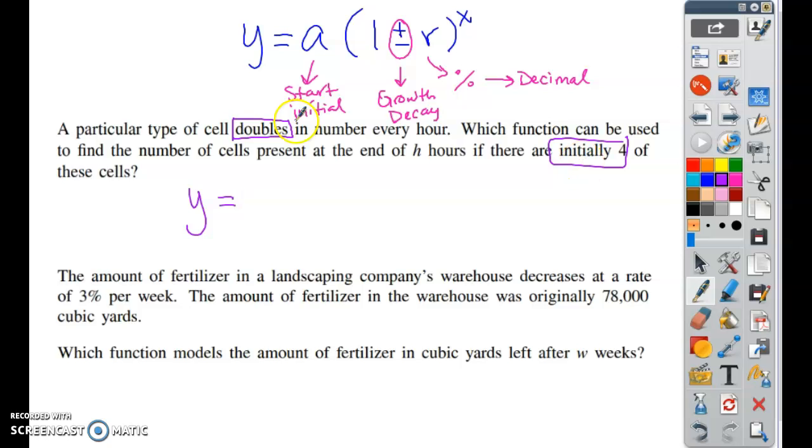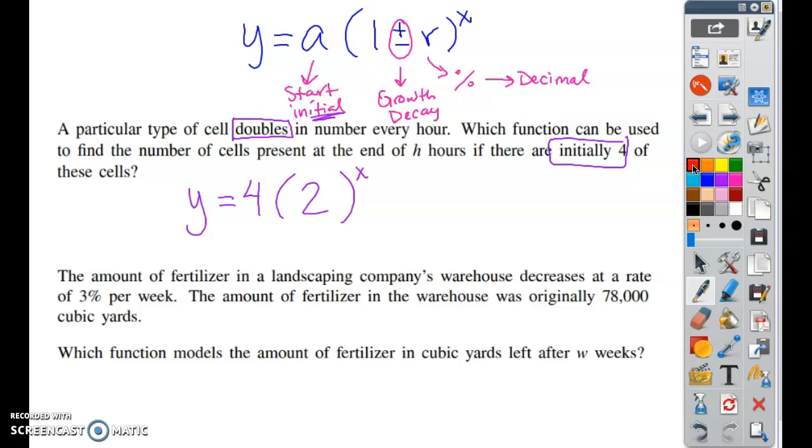Initial, right? That's my A. I started with 4. And how much are they growing by? Double. What's double? Times 2. Okay? So there's going to be a 2 inside. It's going to be doubling every hour, so times 2 every time.